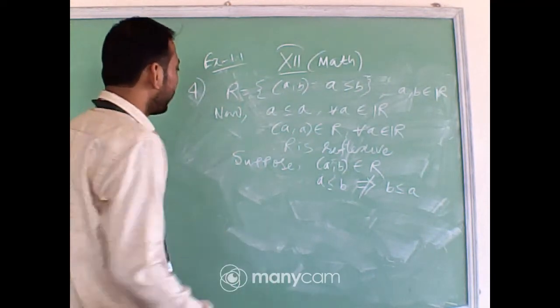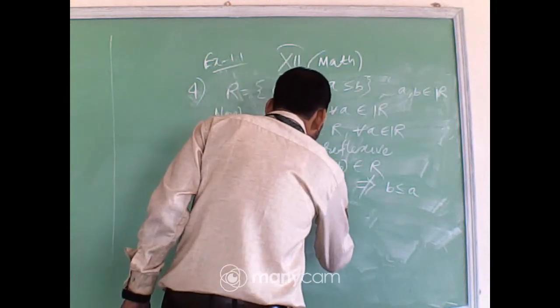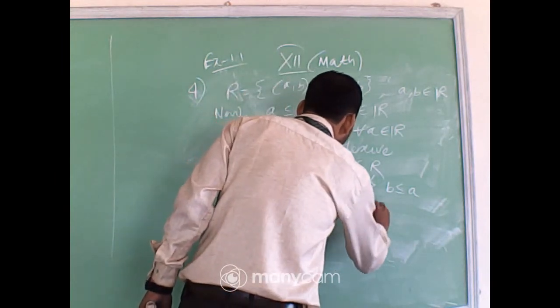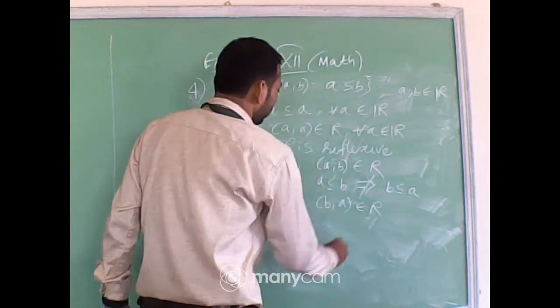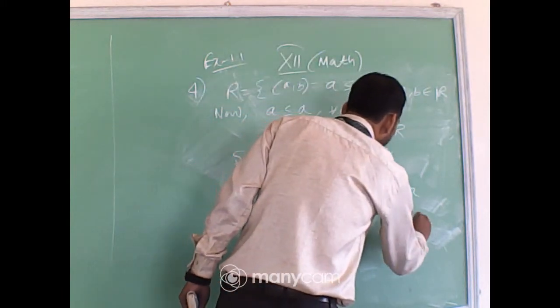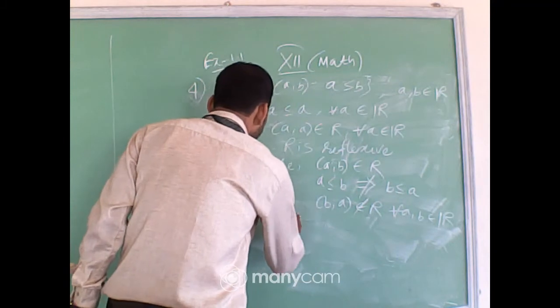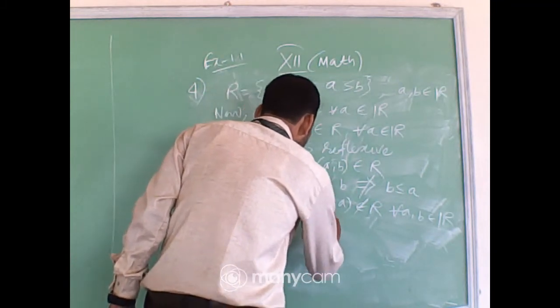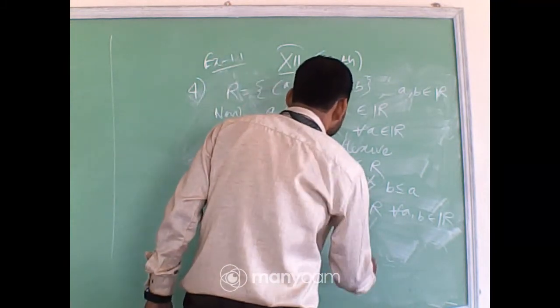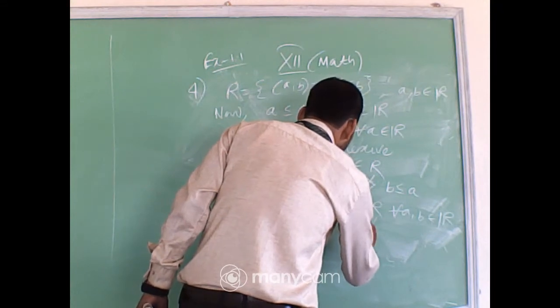Therefore (b, a) does not belong to R for all a, b belonging to the set of all real numbers. Therefore R is not symmetric.